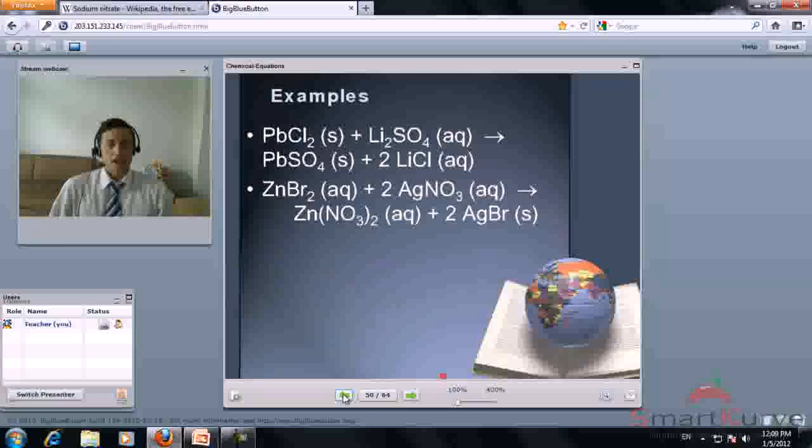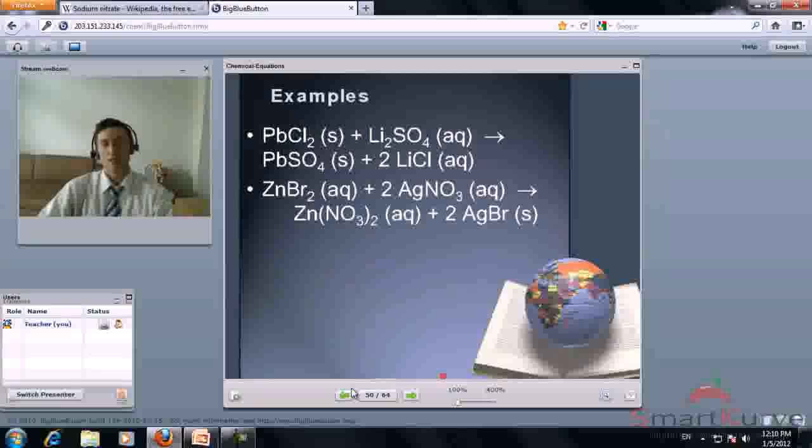To give you an example, we've got lead chloride and lithium sulfate yields lead sulfate and lithium chloride. So imagine the lead and the lithium switching. The same thing happens in the second example.